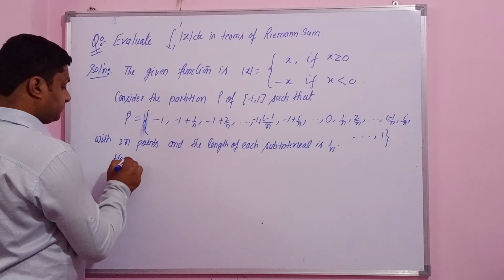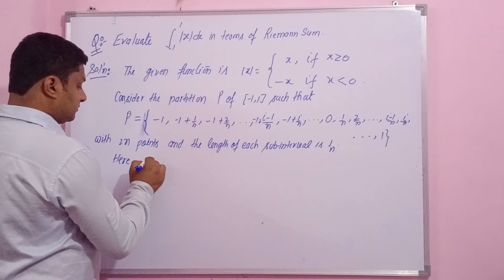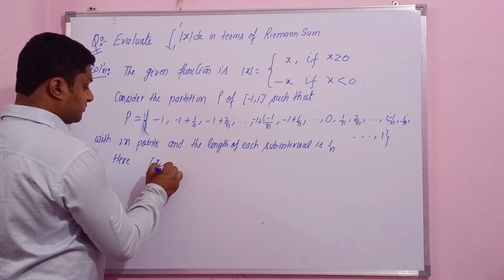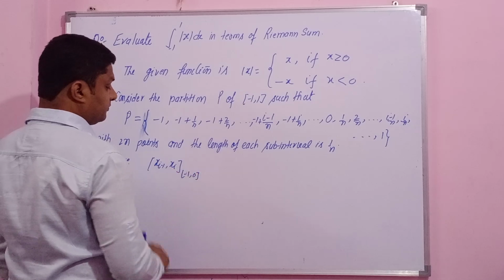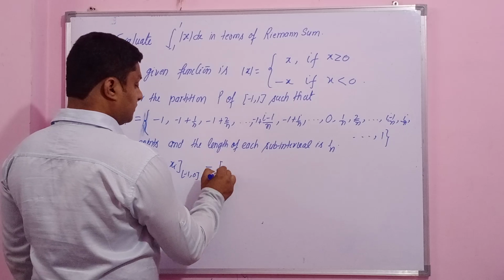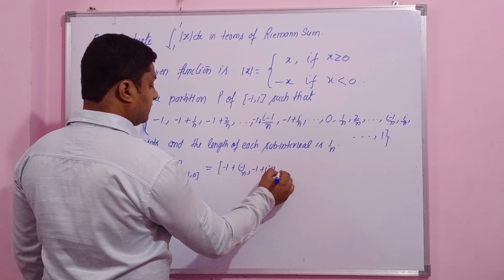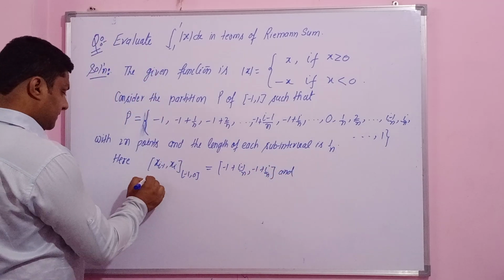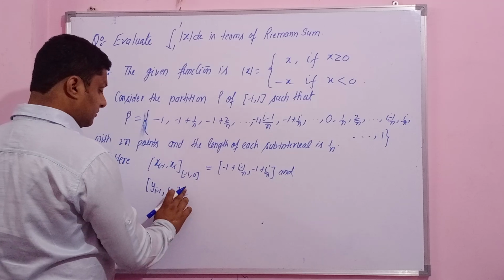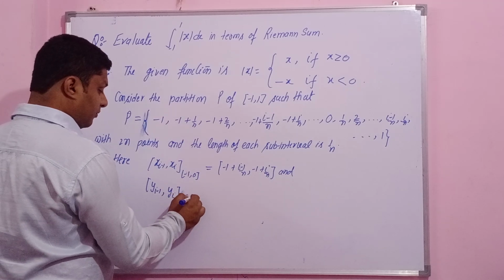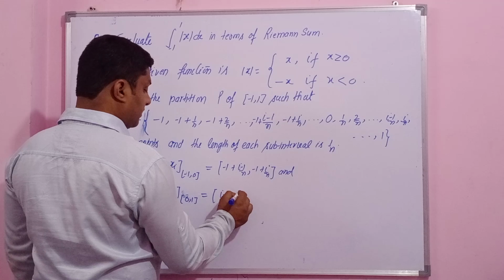Here we have the ith subinterval [x_{i-1}, x_i] for -1 to 0, that is [-1 + (i-1)/n, -1 + i/n], and [y_{i-1}, y_i] is the other ith subinterval for the interval 0 to 1, that is [(i-1)/n, i/n].